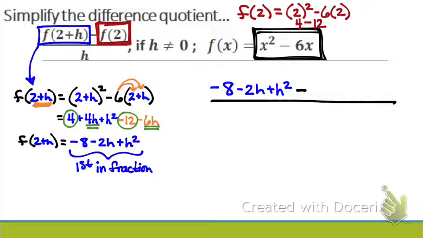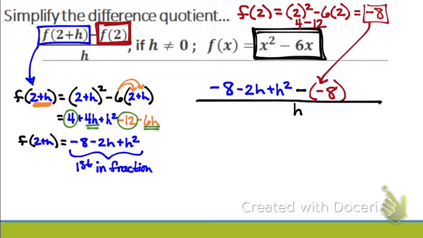What is 4 minus 12? -8. This is what I need to go after the subtraction. All over h. And then we're going to simplify it from there.